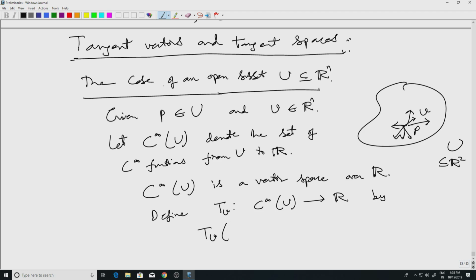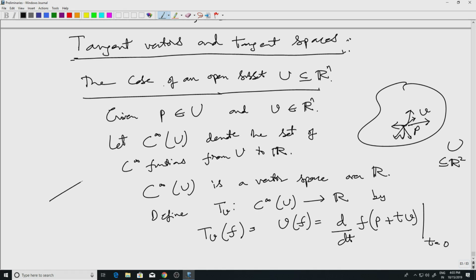So T_V of f is just what I have denoted earlier by V of f, which is d by dt of f of P plus tV at t equals 0.